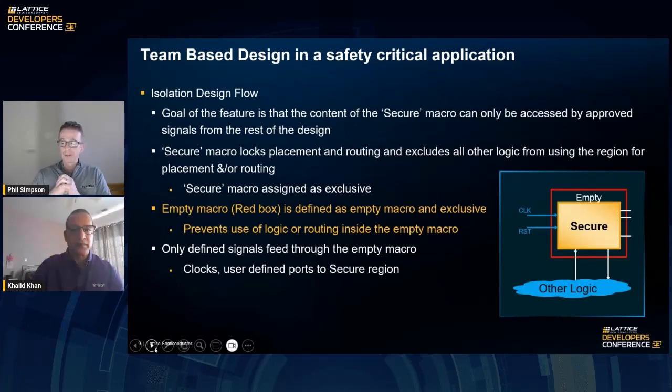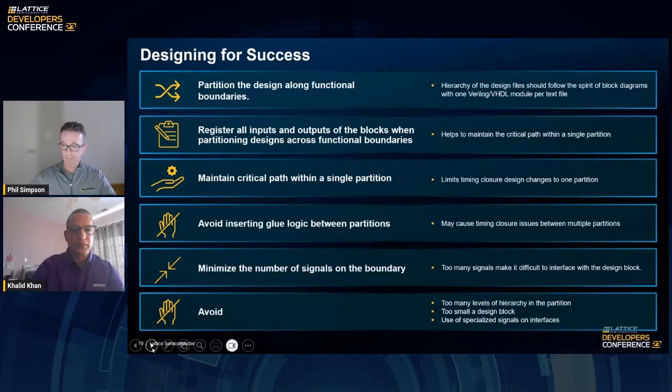So how do we address some of the challenges in architecting an FPGA design for team-based design? The partitioning of the design really can make a difference between success or a lot of work with the FPGA design, because it impacts timing closure.